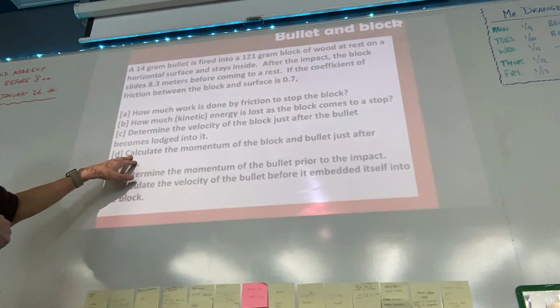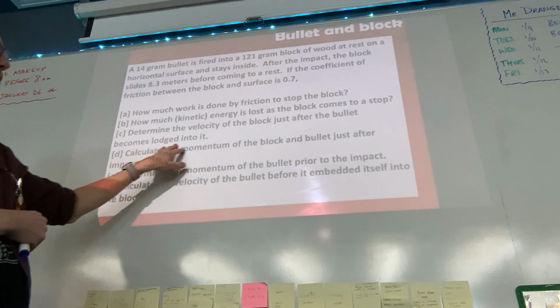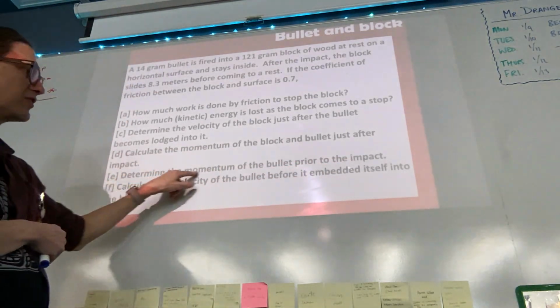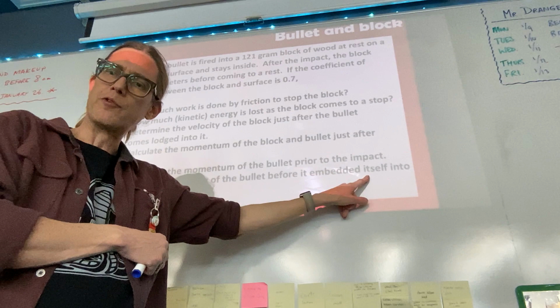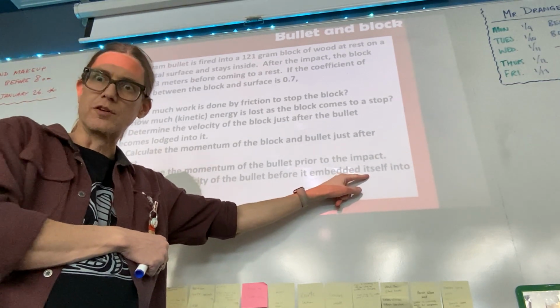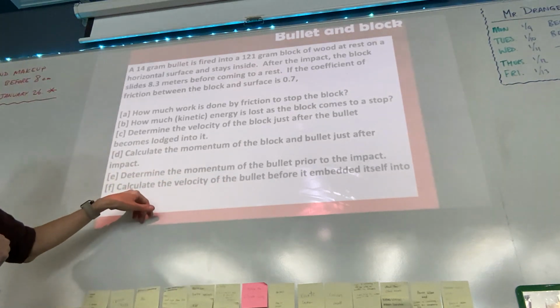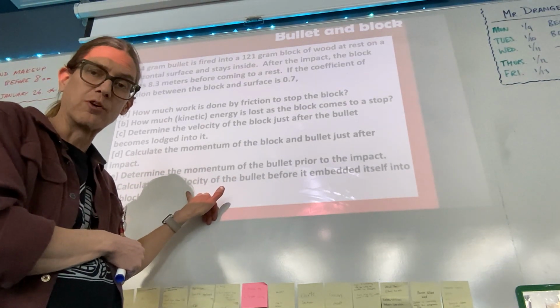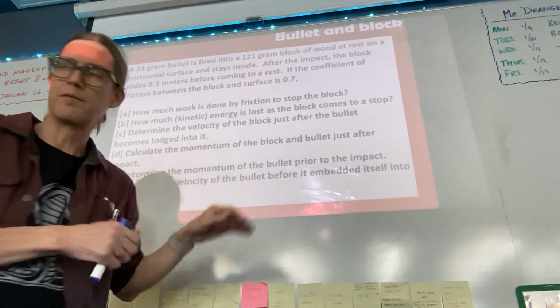And then we're going to figure out the momentum of the bullet and block after the collision, which is the same as the momentum of the bullet beforehand, because momentum is a conserved quantity. And then finally we can get to the thing we're actually trying to figure out, which is how fast that bullet is going before it hits the block.